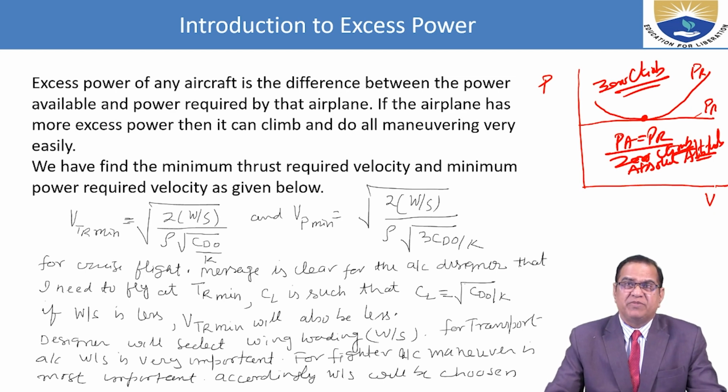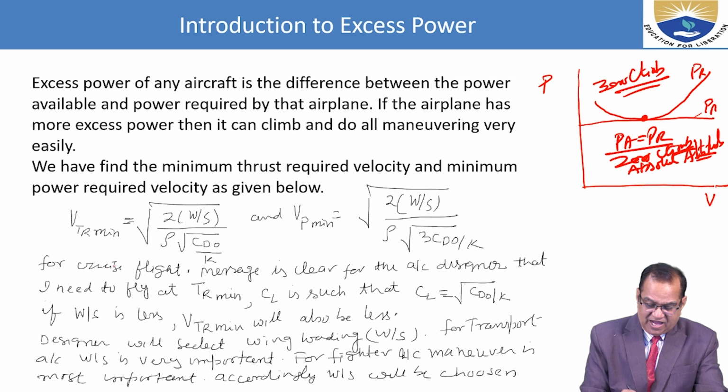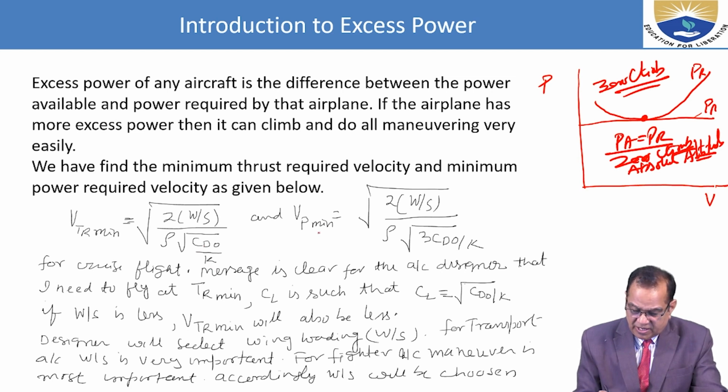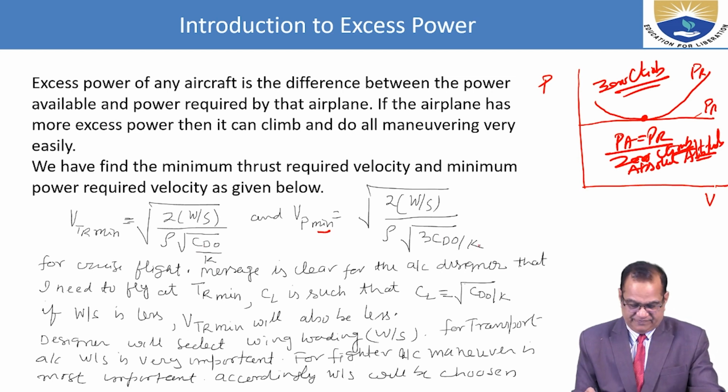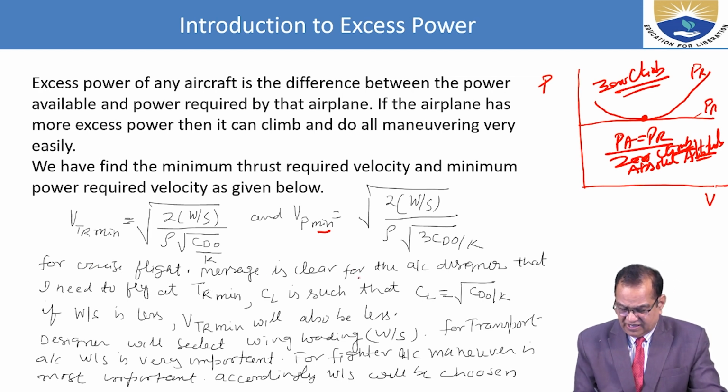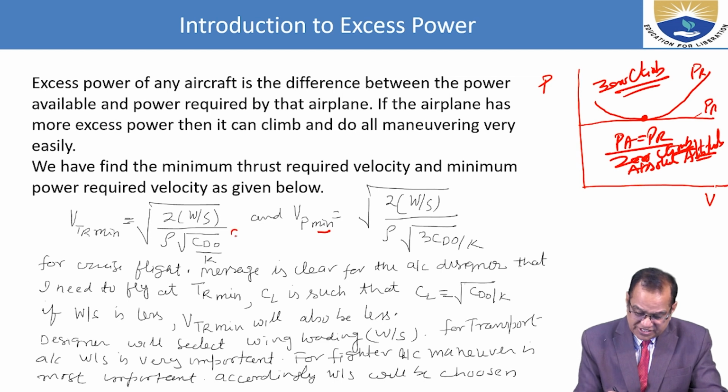So we have found the minimum thrust required velocity and the minimum power required velocity as given. VTR minimum is equal to the square root of 2W by S divided by rho, under root CD naught by K, and for the power minimum, 3 CD naught by K. For cruise flight, the message is clear for the aircraft designer that I need to fly at TR minimum, where CL is equal to under root CD naught by K. So this is the CL.